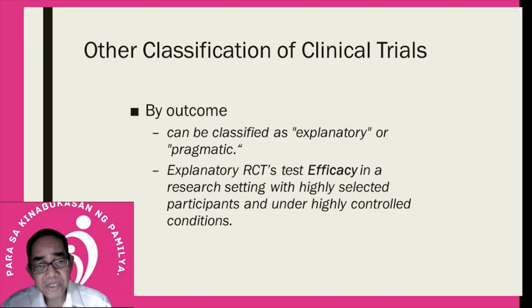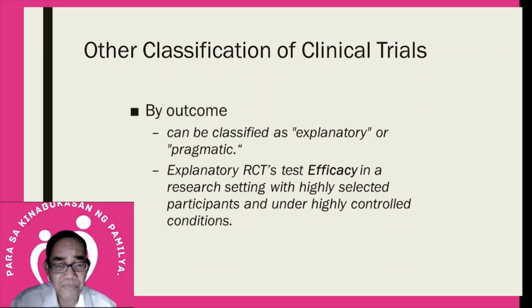By outcome, it can also be classified as explanatory or pragmatic. An explanatory RCT tests the efficacy in a research setting with highly selected participants and under highly controlled conditions. So a lot of vaccine trials are efficacy trials. There are very strict inclusion-exclusion criteria, and that's why the participants are highly selected, and the environment is highly controlled.